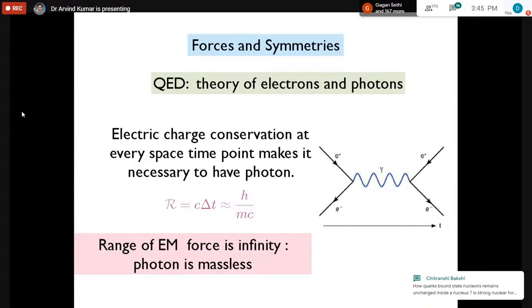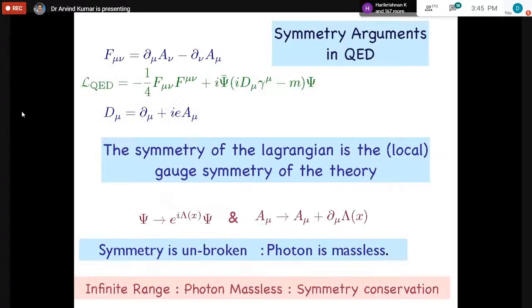Since the photon is massless, the range of the force is infinity. You all know that the electromagnetic force extends up to infinite distances. So that's precisely what's happening. It is reflected at the quantum mechanical level also in terms of the Compton wavelength. Let's take something like weak interactions.